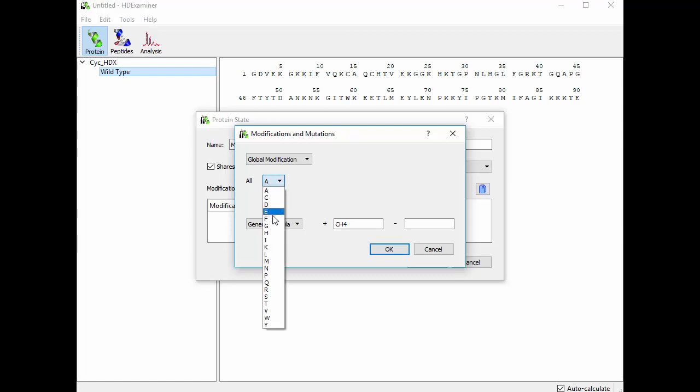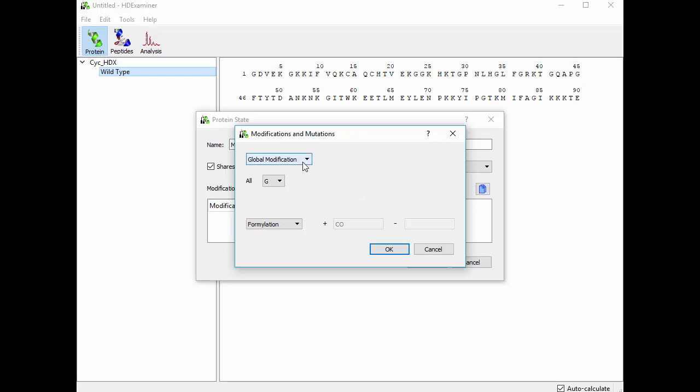So you can say that every G has formulation on it, for example. That probably isn't a biologically sound example. I picked it at random, but there it is. This is how you tell HDExaminer that every instance of a certain amino acid has a certain formula hooked up to it.